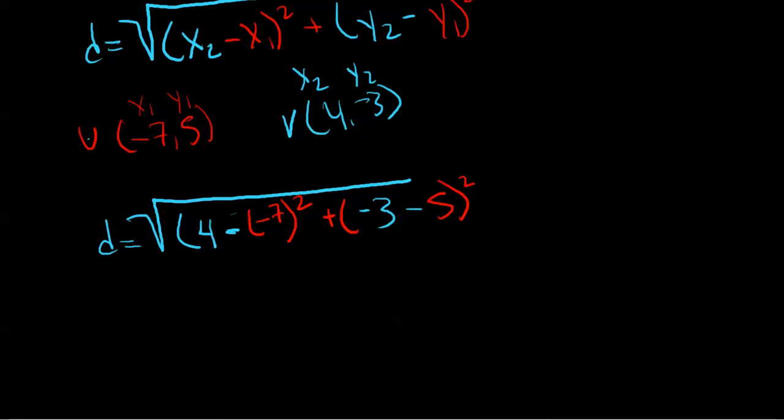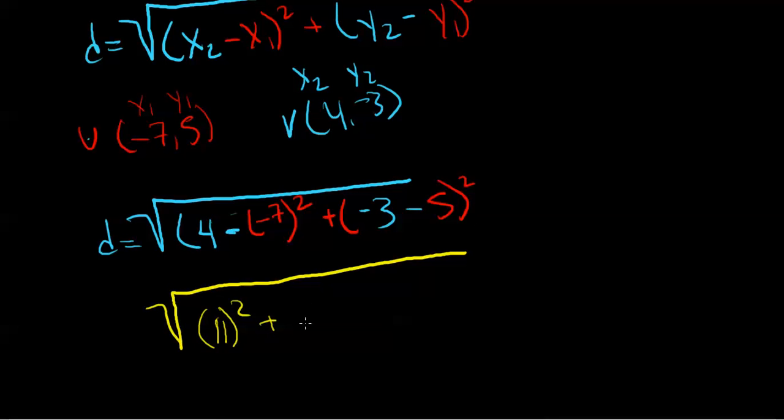And now we can start simplifying within the parentheses first. So we have d equals the square root of 4 minus negative 7, which becomes 4 plus 7 because there are two negatives together, which leaves us with 11 squared, plus negative 3 minus 5 gives us negative 8 squared.